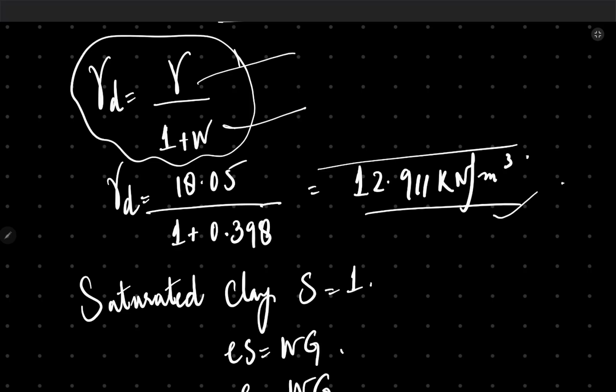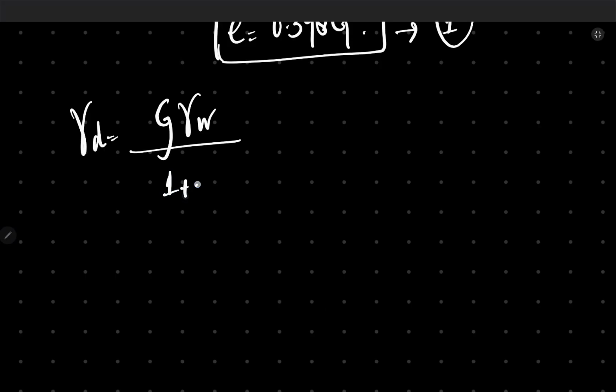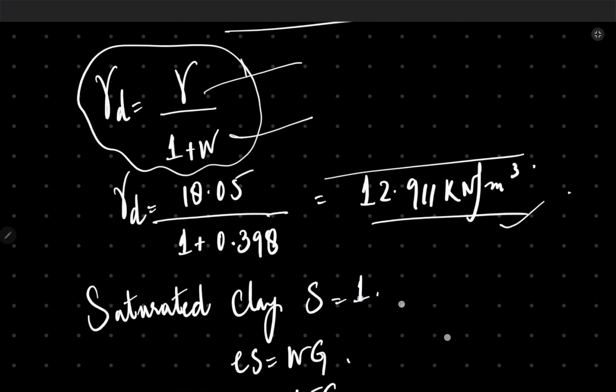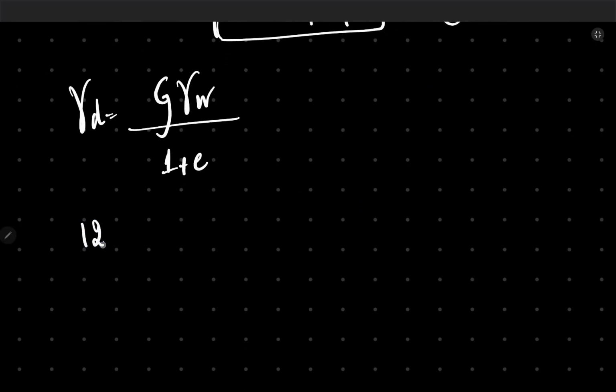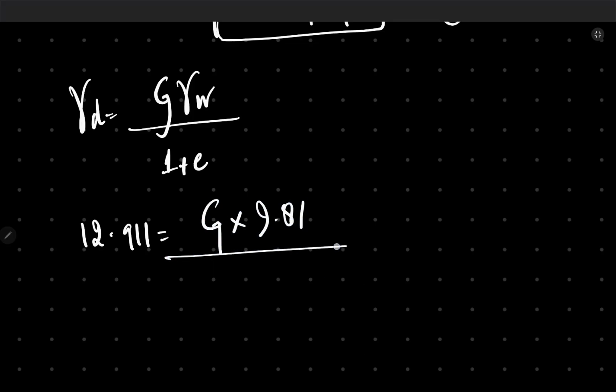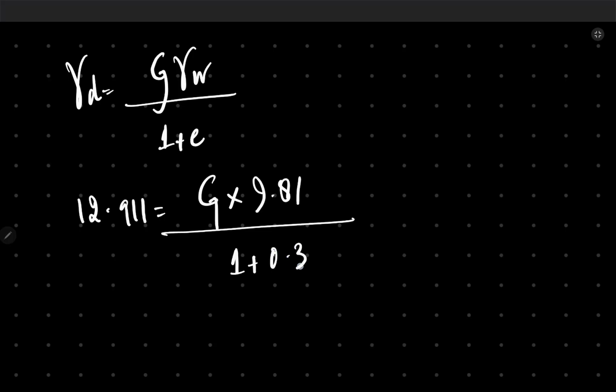But we can use the alternate equation for the dry unit weight, that is G times the unit weight of water divided by 1 plus e. The dry unit weight, as already calculated, is 12.911. G we don't know, we have to calculate. Unit weight of water is 9.81 kilonewton per cubic meter. 1 plus e, we will substitute the value from equation 1, that is 0.398 G.